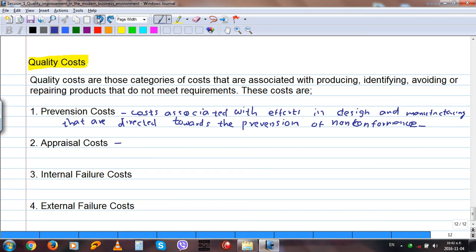The second type of cost is the appraisal cost. It means the cost spent for measuring, evaluating and auditing the products. That's called the appraisal cost.